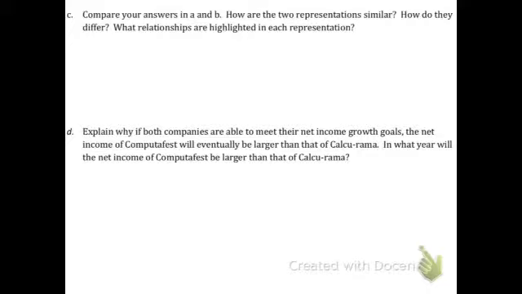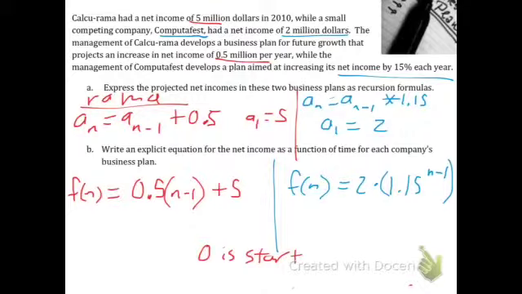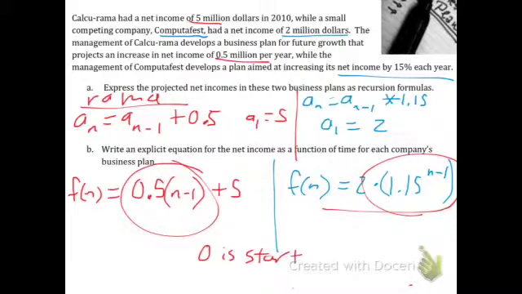D, explain why both companies are able to meet their goals. The net income of Computafest will eventually be larger than Calculorama. And that comes from basically this part here. When you have an exponent, and your base there is bigger than 1, that will increase, the rate of change is going to get bigger and bigger and bigger.